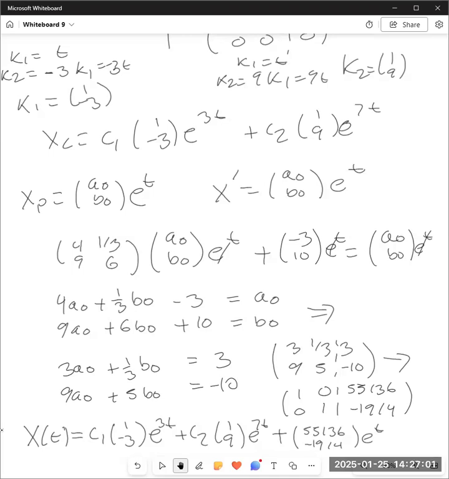Some more topics, like I said, on variation of parameters in this section. In the last section, there's more topics on finding solutions where the eigenvalues are complex numbers. So go ahead and read the book and try those problems at your leisure.